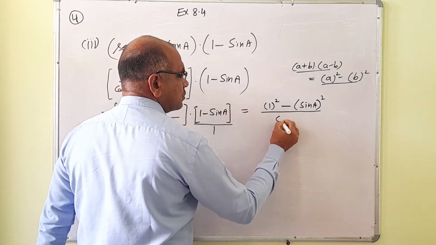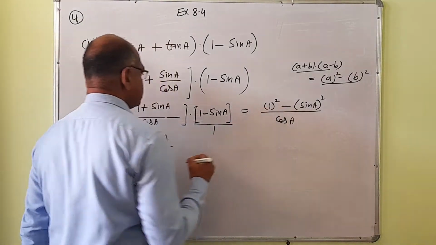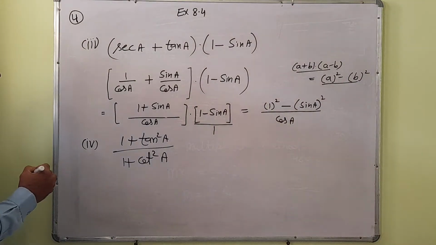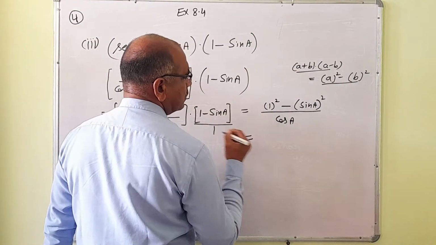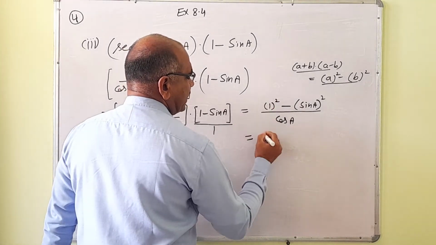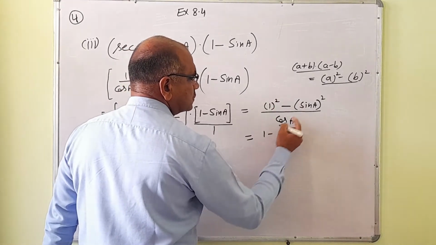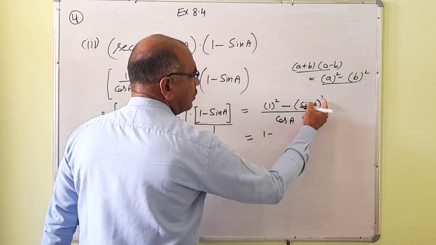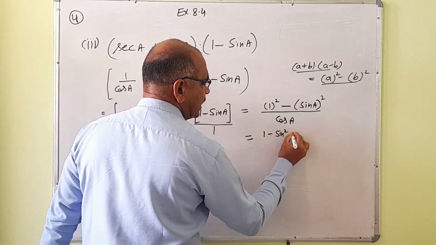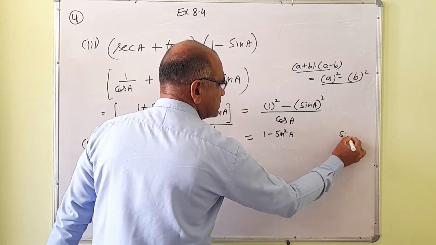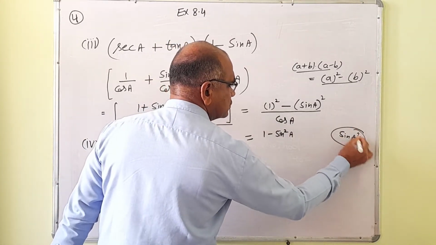This gives cos A. One square gives 1. Sin A whole square gives sin square A. Don't write it as sin A square. This is wrong.